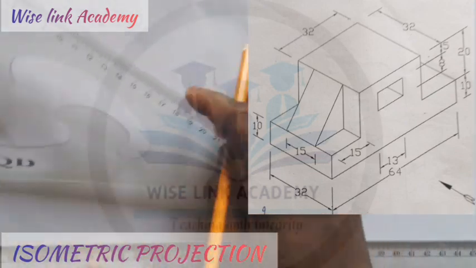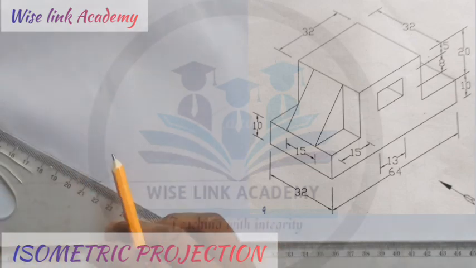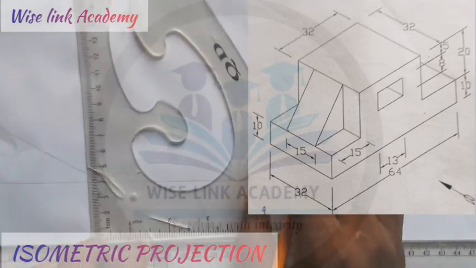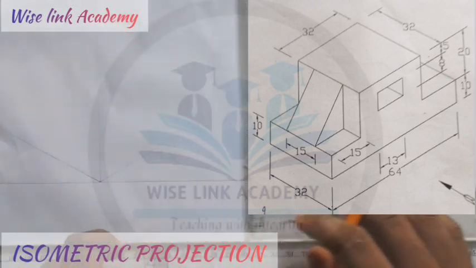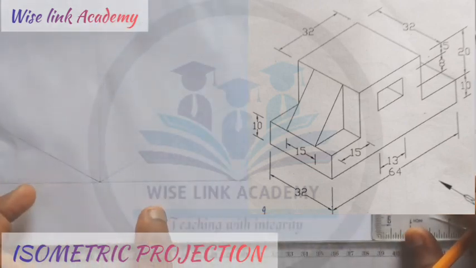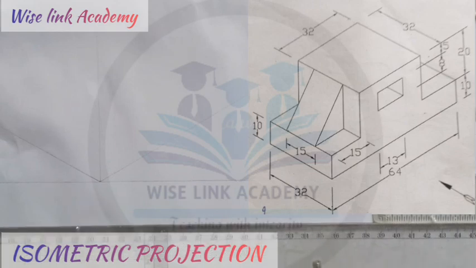Also, I will take it to the other side this way, right? Hence, I draw a vertical line upwards. So this is what we mean by isometric axis.